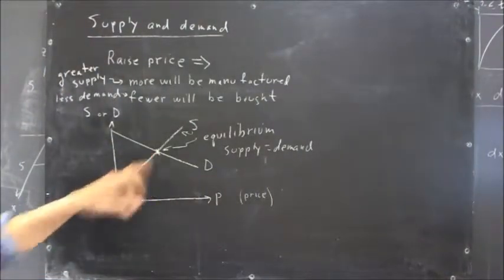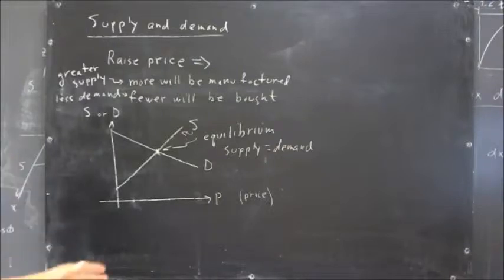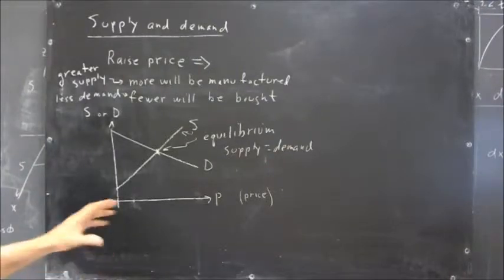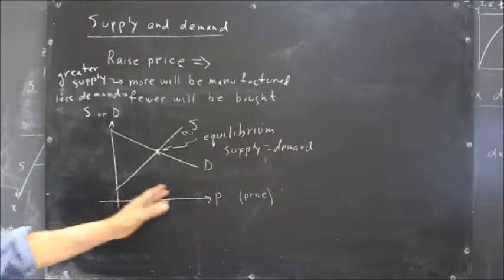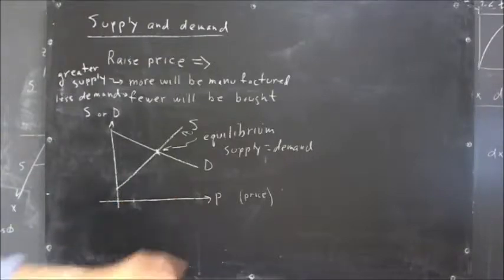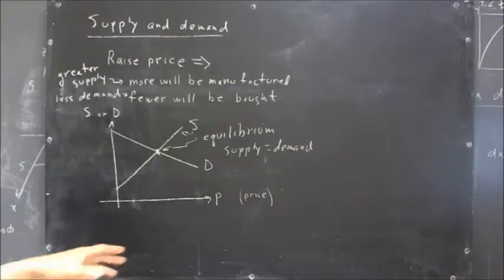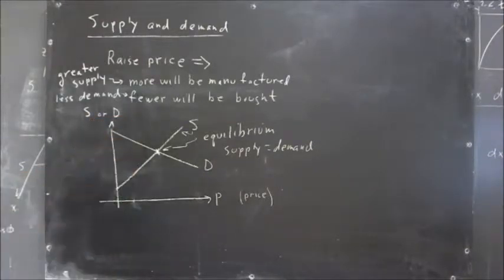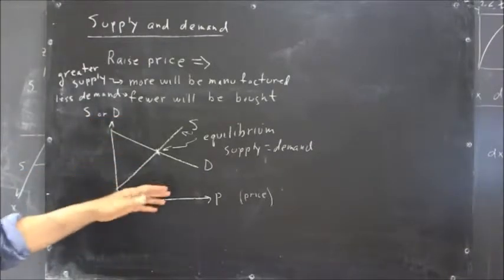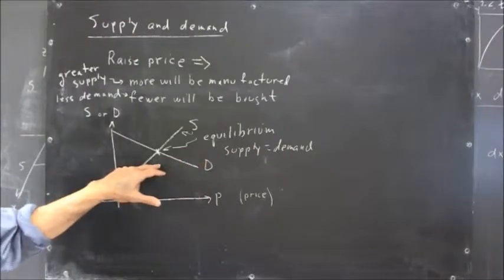So if you're at the equilibrium point, there's usually not a lot of impetus to move the price in one direction or not, but there might be. And you know, I'm not an economist, and I'm not going to get into too much interpretation of this situation, but you have this equilibrium point.